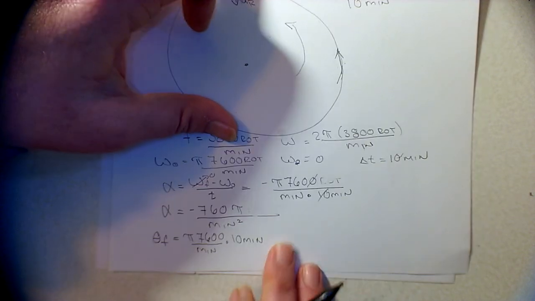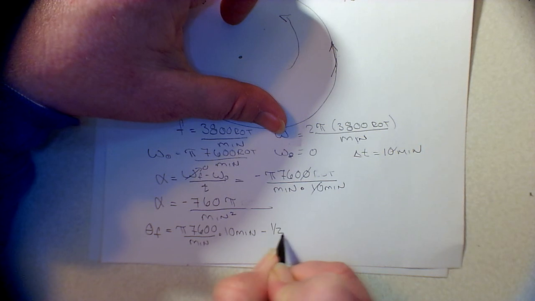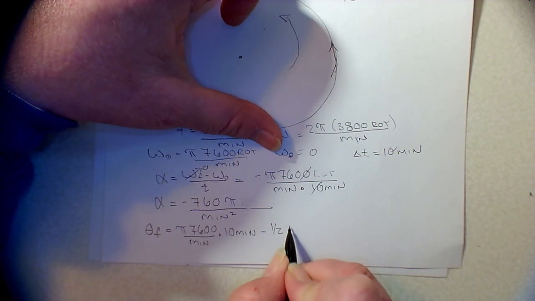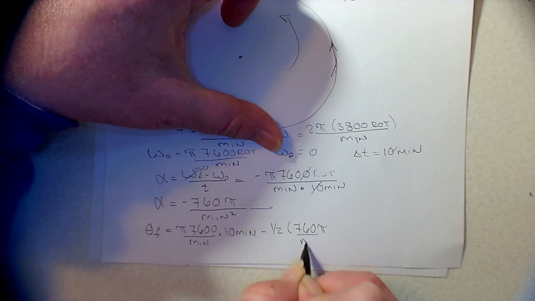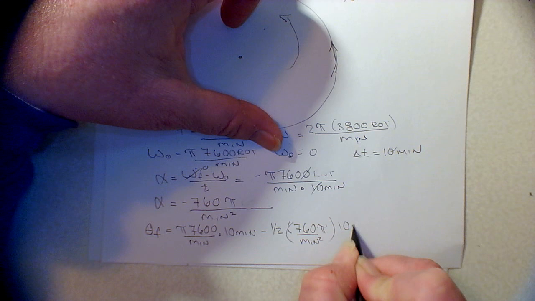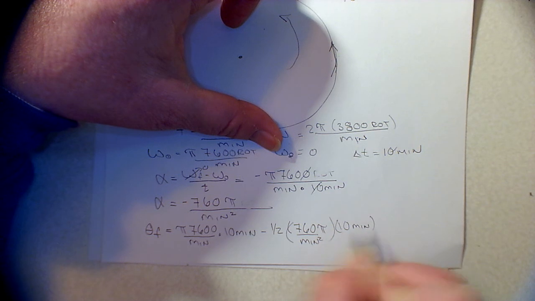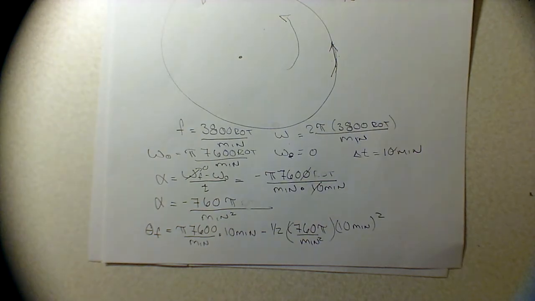And then we determined our alpha was negative, so it's going to be minus 1/2 alpha, which is the 7600 pi over minute squared, and then times time squared, so times my 10 minutes, and that will be squared. So there you have it.